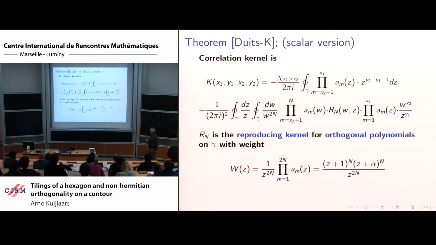Well, it's actually pretty similar, but instead of scalar symbols, we also have matrix-valued symbols, and there's a correlation kernel in terms of those things, the matrix version.